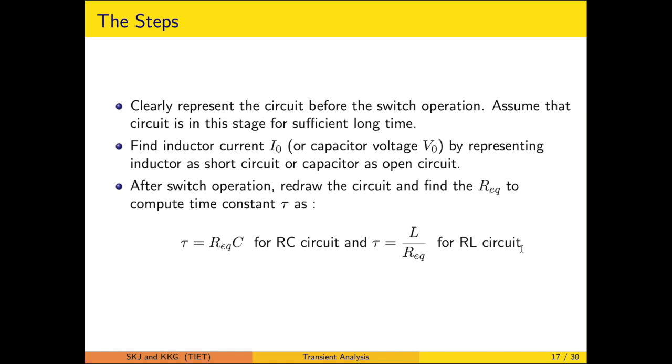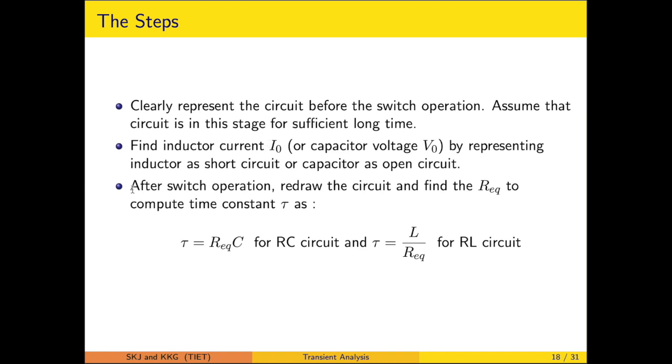Now the steps which are involved in solving this: we have to first represent the circuit before the switch operation and assume that it has attained the steady state. Thereafter we will be able to calculate the I0 in case of the RL circuit, or V0 in case of the RC circuit.